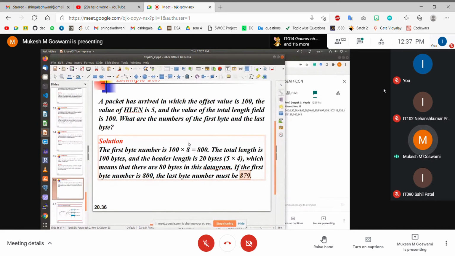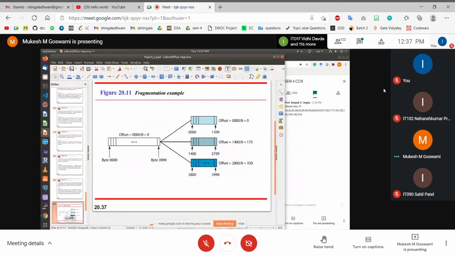Hope that makes sense. So that is how you can compute the number of the first byte and the number of the last byte in the packet fragment. Just to understand, if you have an offset value 0, the first byte is 0 and the last byte is 3999.